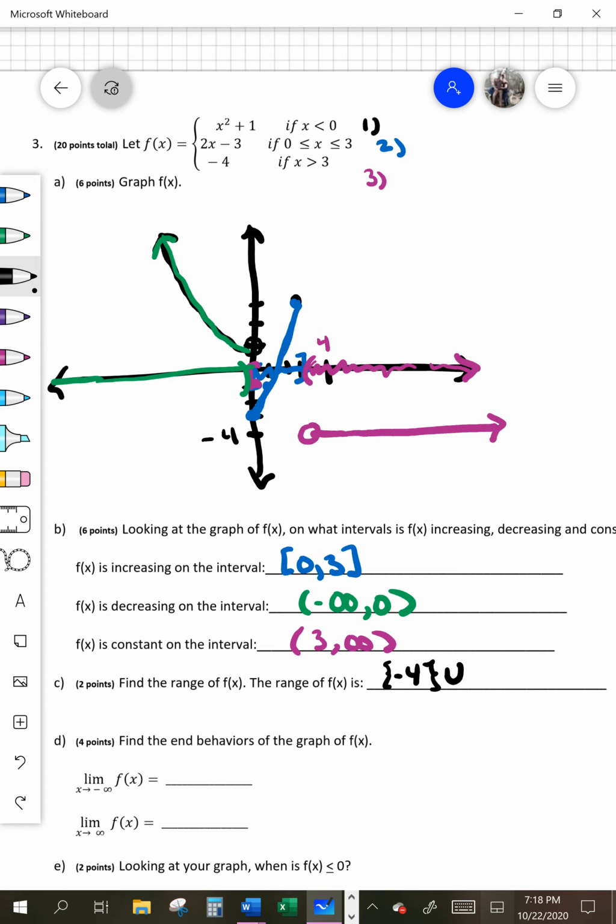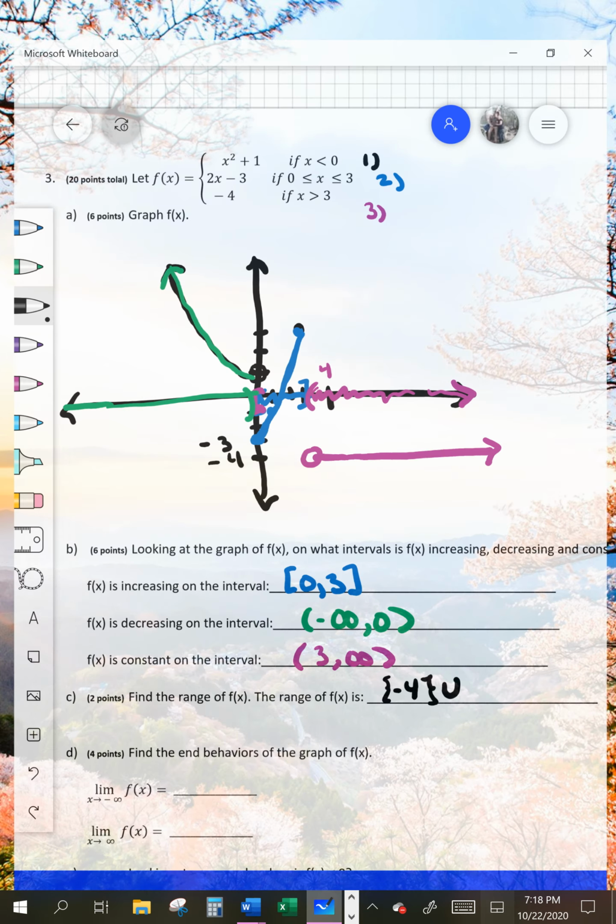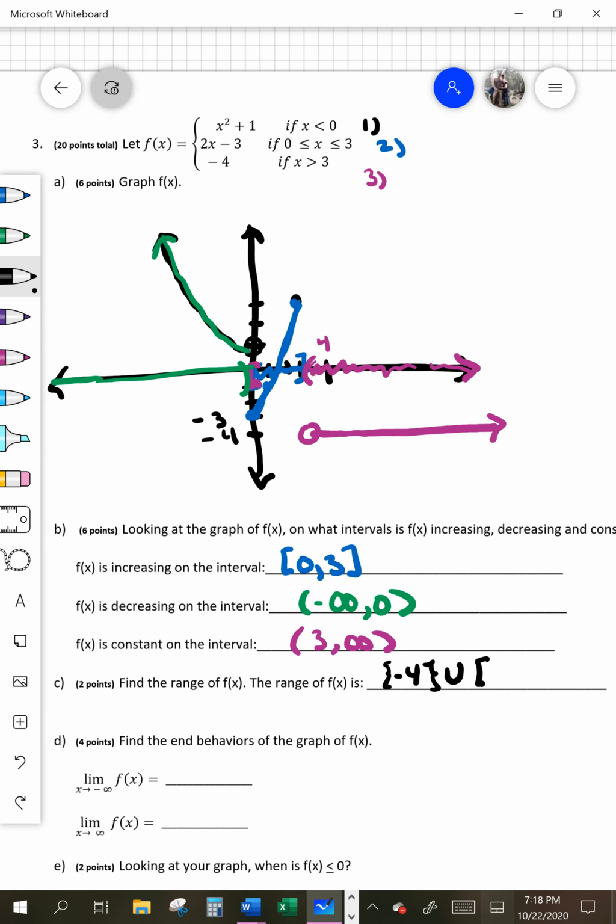Now we're hitting all the y values in here from -3, including, so we're going to put a bracket, to infinity.